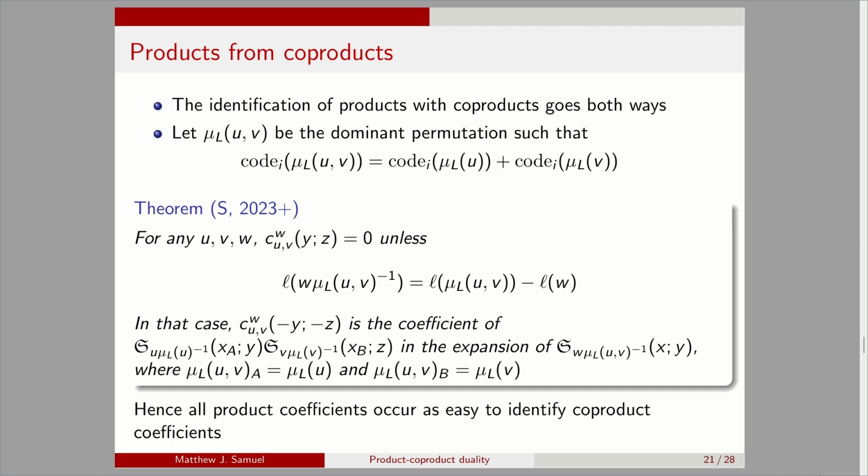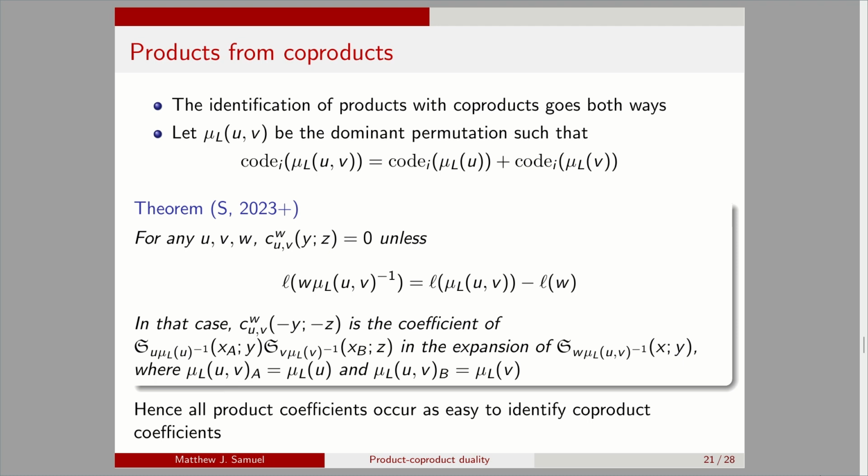In that case, c^w_{uv} of minus y, minus z is the coefficient of this product s_u mu L of u inverse of x_a and y times s_v mu L of v inverse of x_b and z, in the coproduct expansion of s_w mu L of uv inverse of x and y, and here we pick a such that mu L of uv sub a is equal to mu L of u, and mu L of uv sub b is equal to mu L of v.